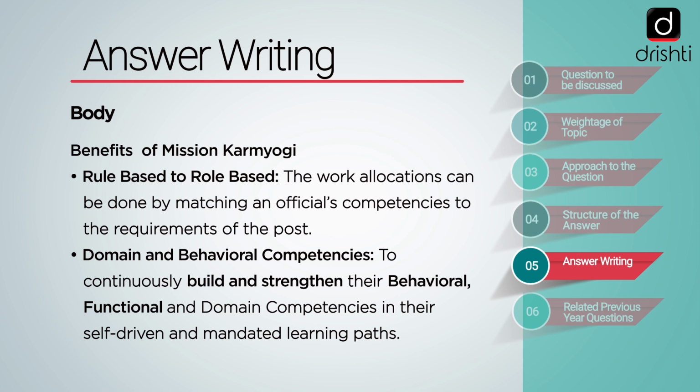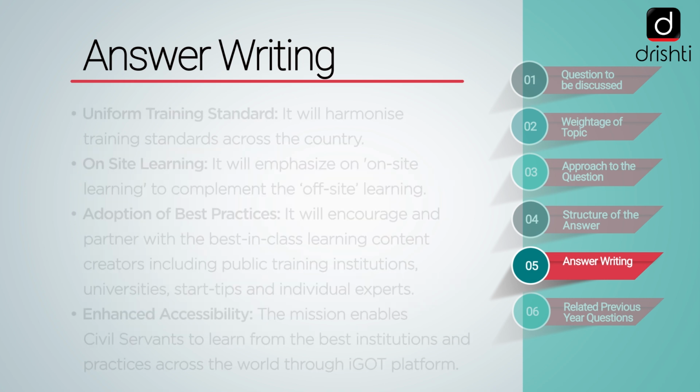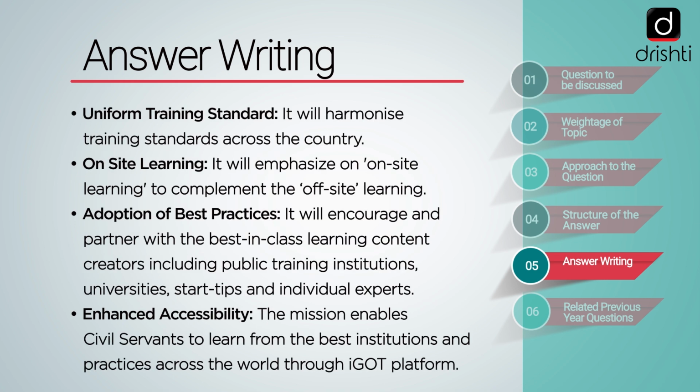The mission will provide an opportunity for civil servants to continuously build and strengthen their behavioral, functional, and domain competencies in their self-driven and mandated learning paths. Uniform training standard. It will harmonize training standards across the country so that there is a common understanding of India's aspirations and development goals.